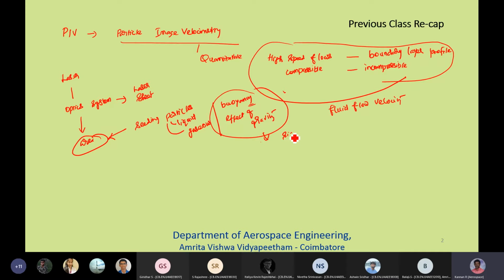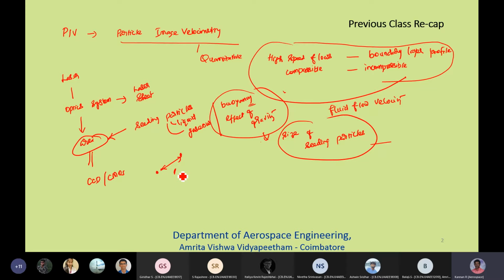But the size of the seeding particle should be sufficient enough to refract light. Now with the help of the seeding particles and a CCD or a CMOS camera, we are going to capture successive frames and look at the frame to frame measurement, for a particular particle between the two frames.